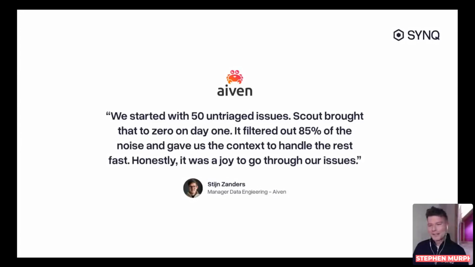It filtered out 85% of the noise and gave Stein and his data team the context to handle the rest of the issues extremely quickly, to the extent he's extremely happy to go through some of the issues on a day-to-day basis, which is unheard of across the data teams that we work with.